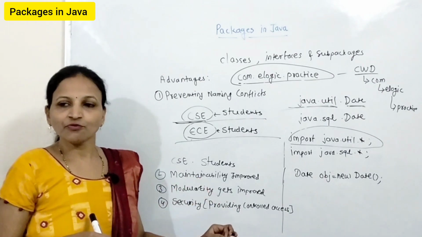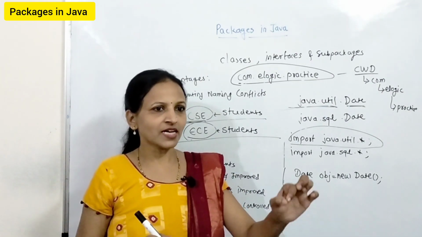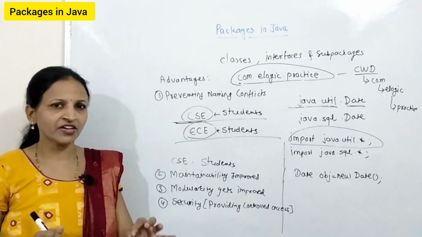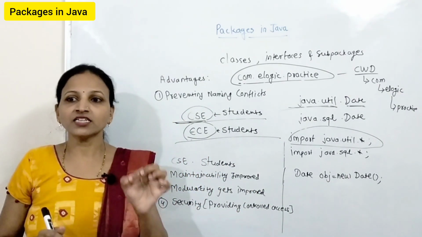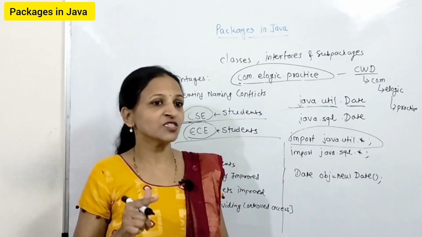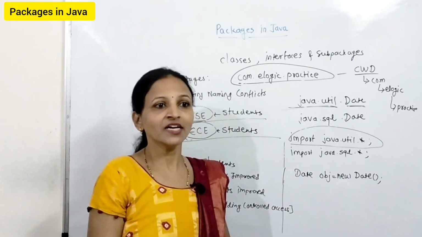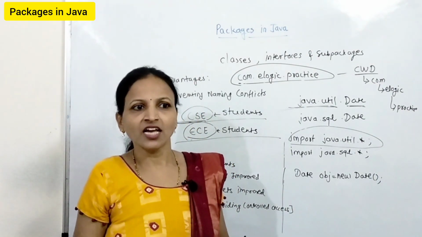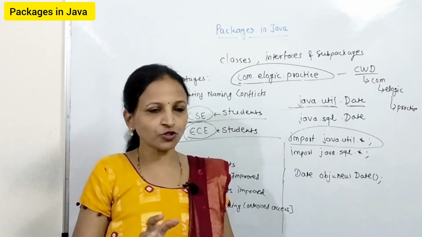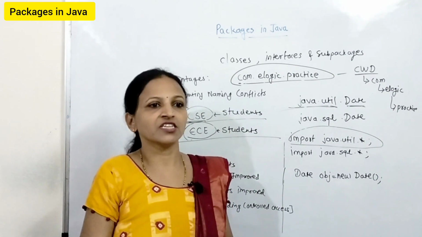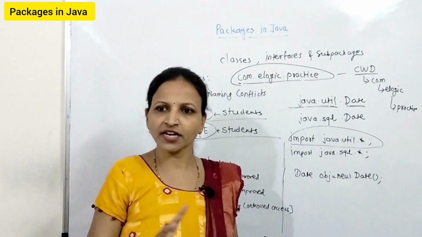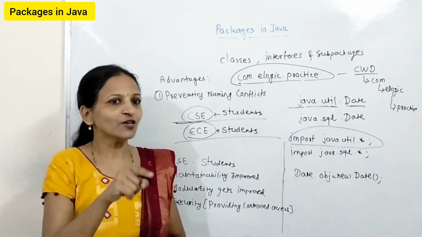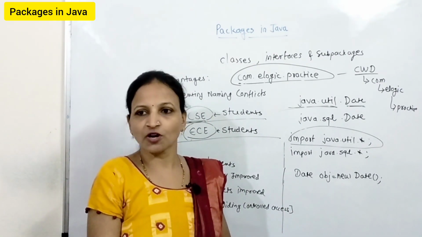That's why if you are not writing anything, that means it is the default access modifier. Using the package concept we can give security or limited access. If you want this module, meaning this unit, which may be any class or method, to be accessible only inside this package, then you can mention the default access modifier.